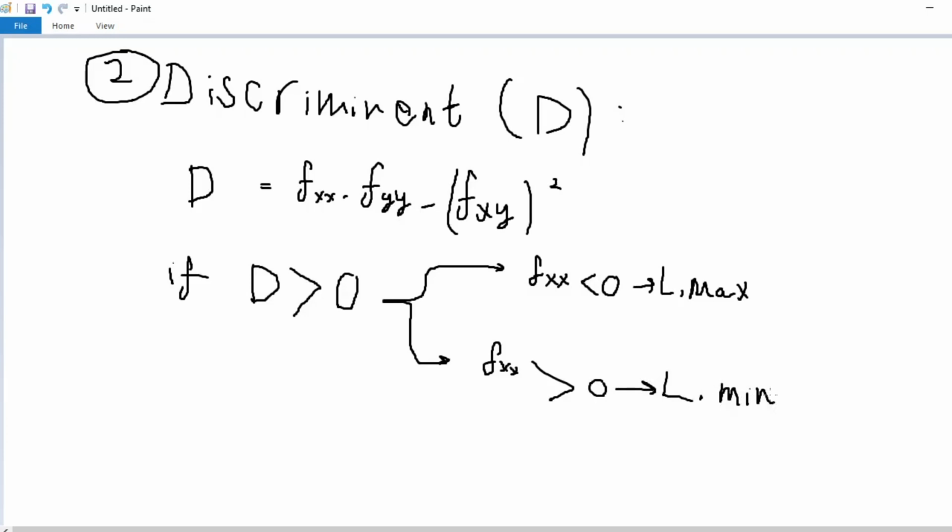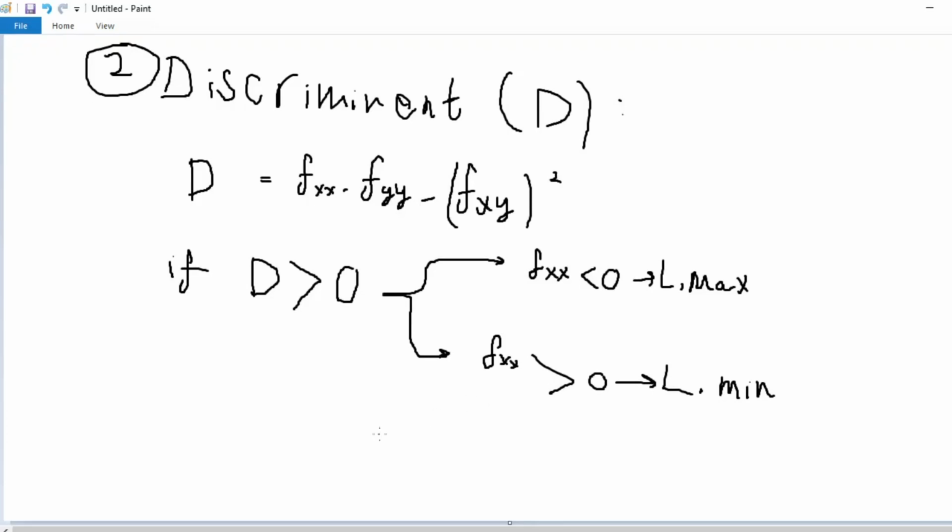From here, you can determine if it's a local minimum or a local maximum. You need to find the value of D, and you also need to find the value of fxx, and from there you can see if it's a local minimum or a local maximum.